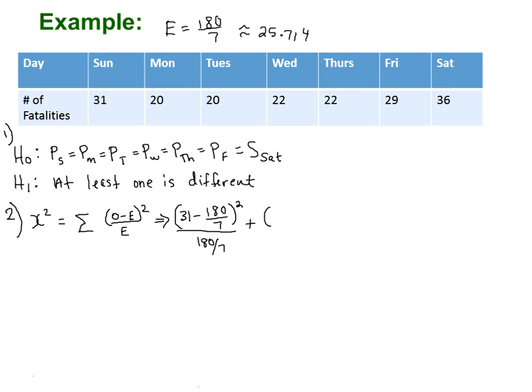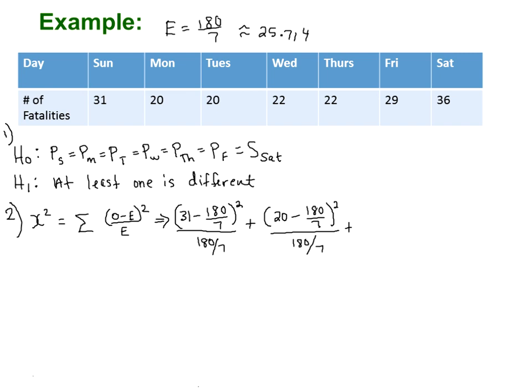So the next observed is on Monday, which was 20, minus the expected value, then that gets squared, and you divide again by the expected frequency. And you're going to keep doing this.